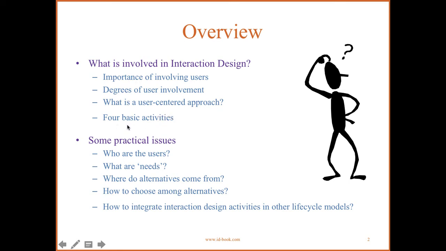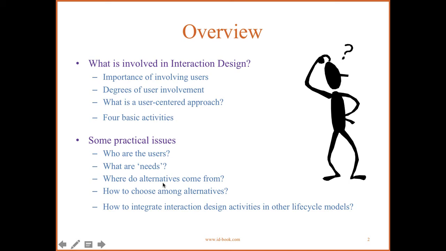And of course, interaction design involves four basic activities. I will show you what the four basic activities are. Some of you may already understand them from going through the lecture notes before our class. Then some practical issues in the interaction design process are: who are the users, what are the needs, and where the alternatives come from.